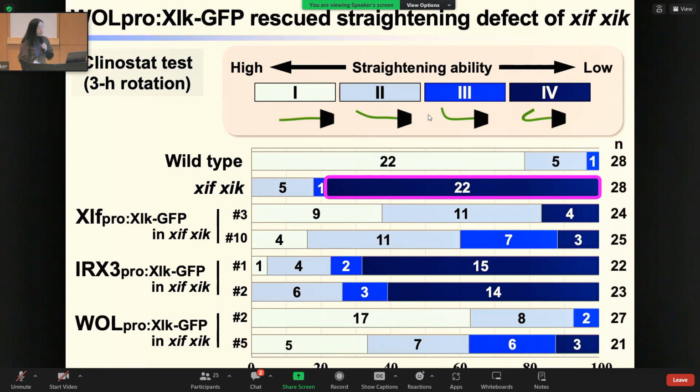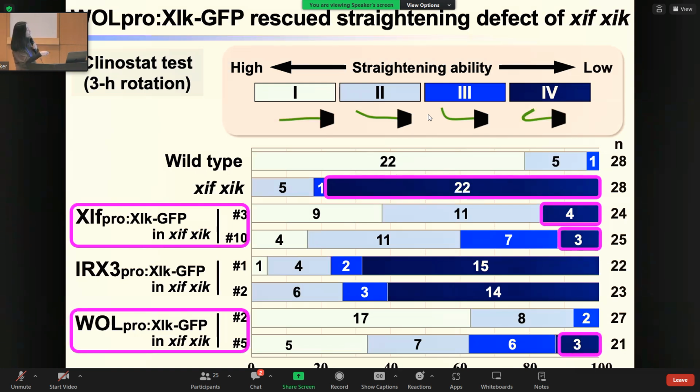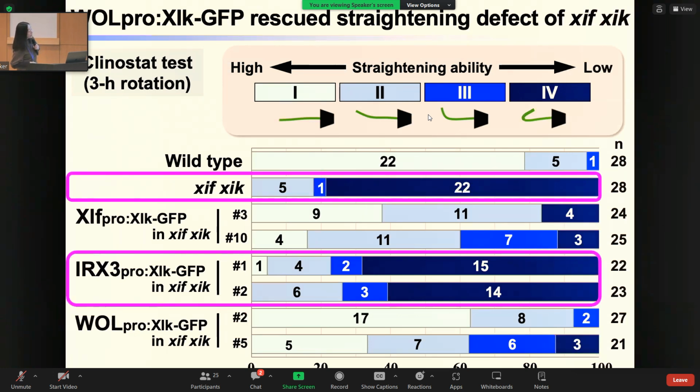Expression of 11K driven by promoters of 11F or WOL reduced the frequency of plants exhibiting pattern 4 behavior. In contrast, expression of 11K by the IRX3 promoter did not significantly affect the behavior of the parental plants.